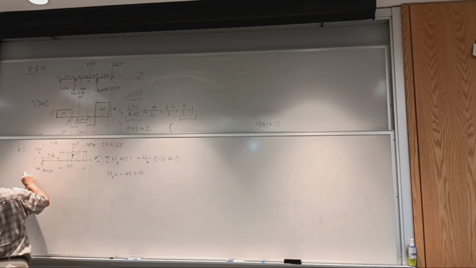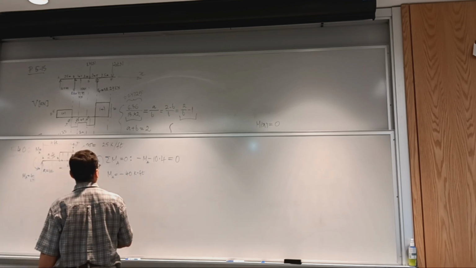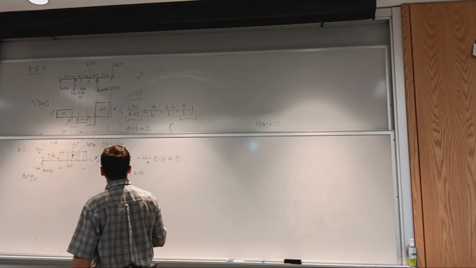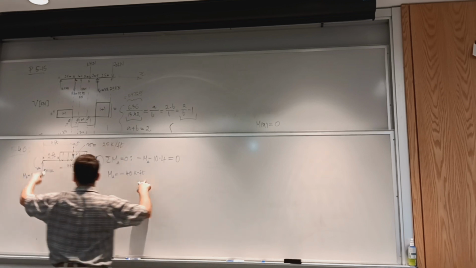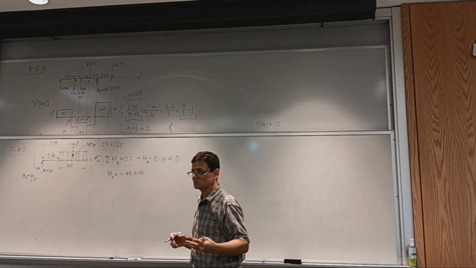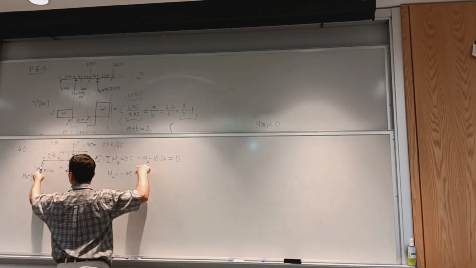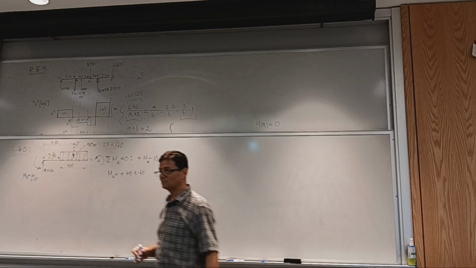I write M_A equals 40 kip foot. For the figure now to match the equation, the equation is no longer correct for this graph. So I need to change this to plus, like so. Does it make sense?